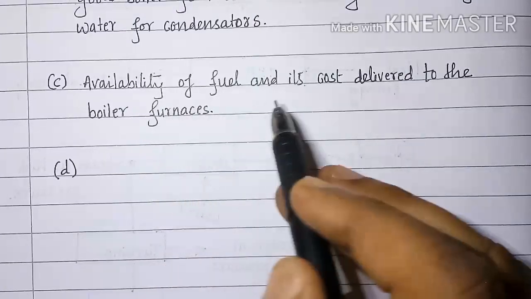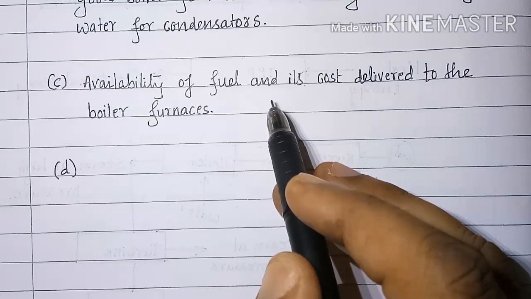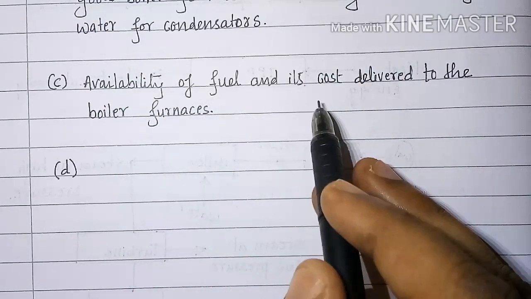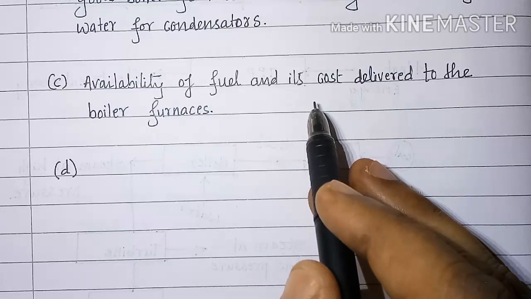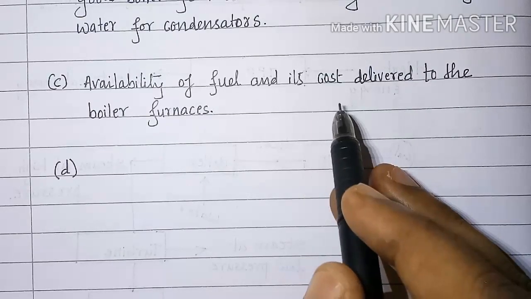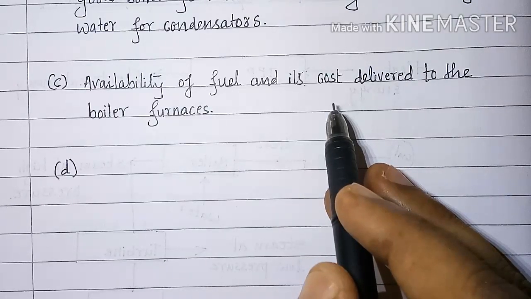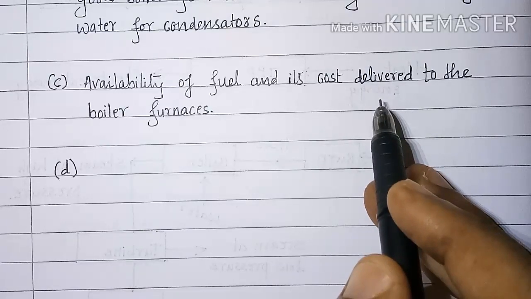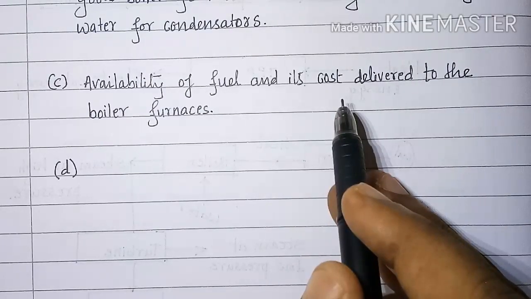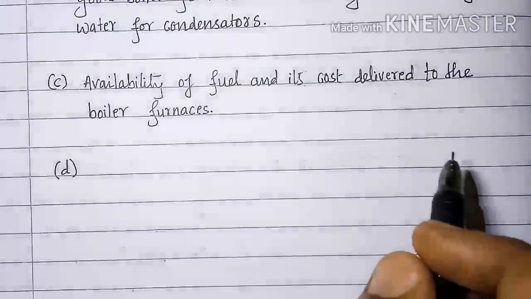The fuel used may be gas or coal, and to bring that coal or gas to the site selected, certain transportation cost will be there. The transportation cost should be minimum. In such a way, we have to select this site.